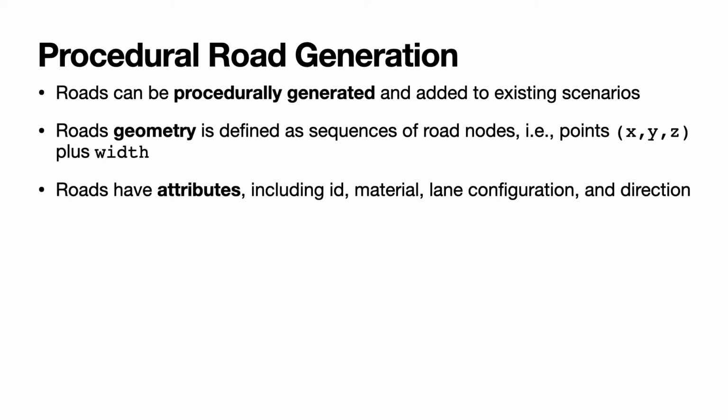One central point is the ability to procedurally generate content. And this is a unique feature of BeamNG.tech, which makes it really powerful, one of the best choices when it comes to search-based software testing, because it gives the tester full control of all the elements of the simulation that can be programmed directly in, for example, Python.